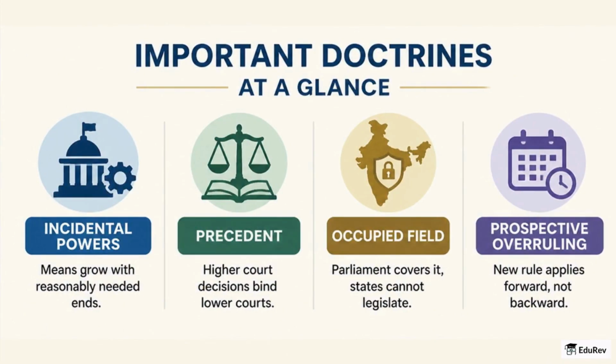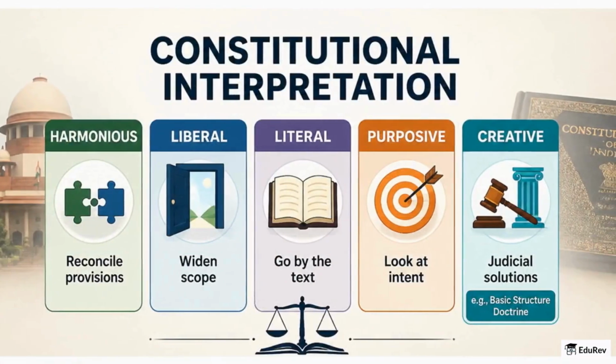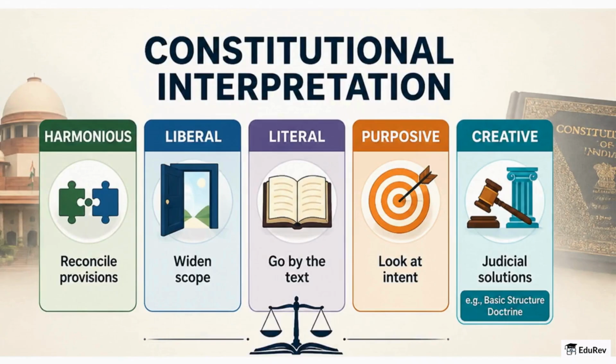Incidental powers expand reasonable means. Precedent binds lower courts. Occupied field bars state laws in a covered area. And prospective overruling limits retroactivity. Harmonious construction seeks reconciliation. Liberal widens scope.